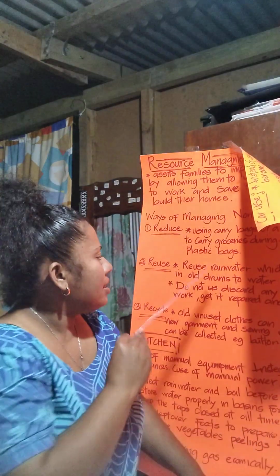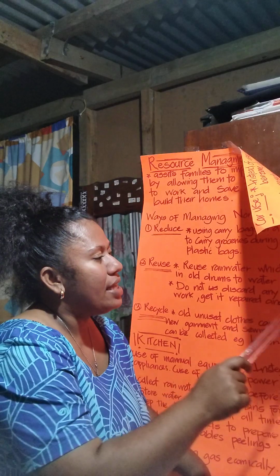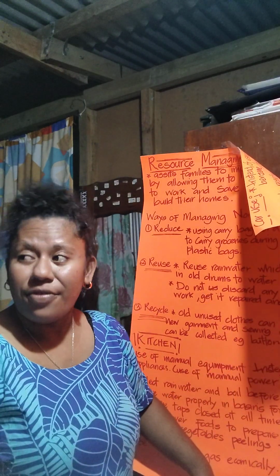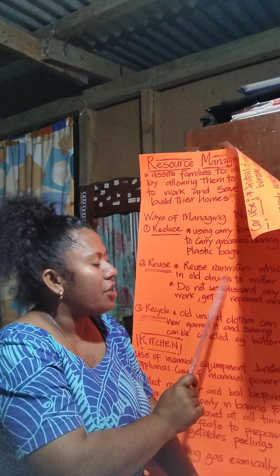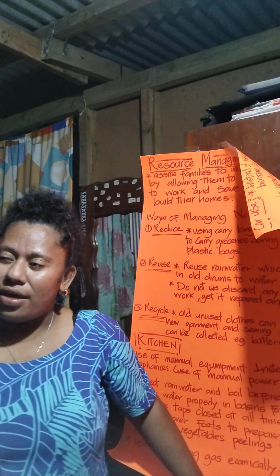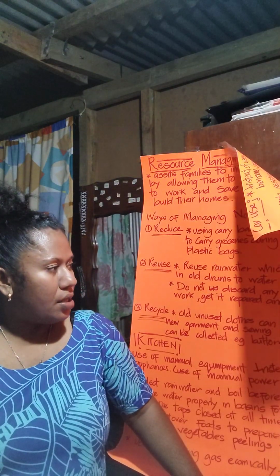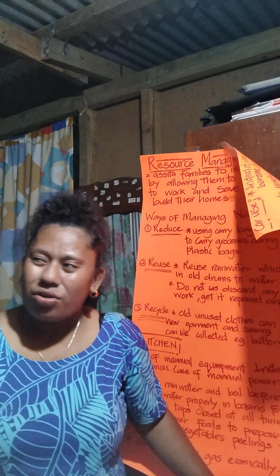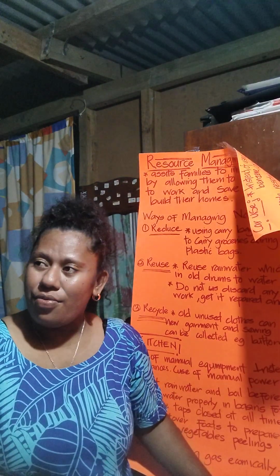And another one is reuse. This is where you reuse rainwater, which has been collected in old drums, to water flower beds. If you have rainwater that has been collected in some old drums, try to reuse that rainwater.